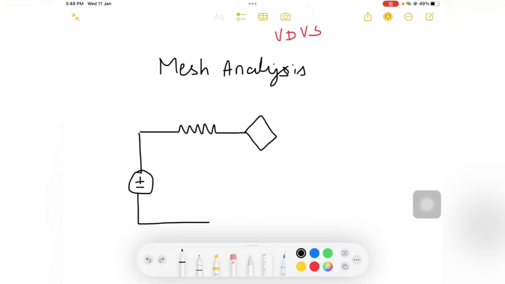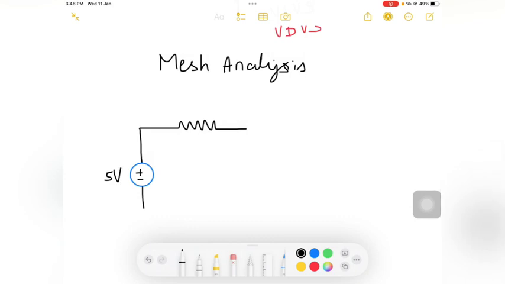Let me change the color here for dependent and other sources. I will take a blue color for an independent source, which is plus and minus 5 volts, and let me take the dependent source with a green color. For the independent source, let me take the polarity plus minus.